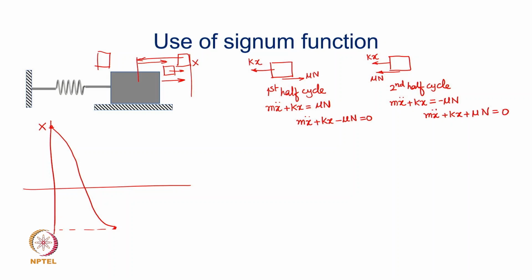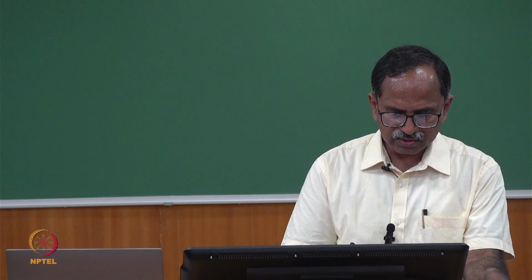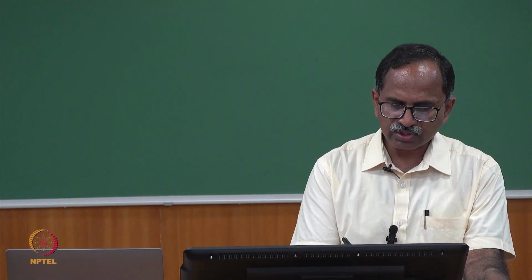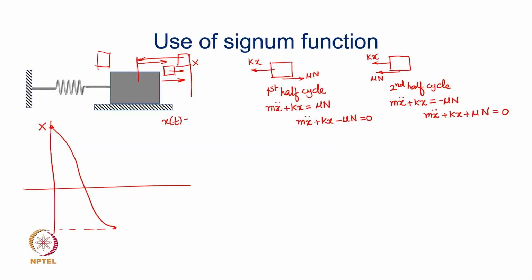Somehow, for an entire cycle, we want to get one single equation, because in the case of Coulomb or hysteretic damping, the equation of motion was not split into two half cycles. For that purpose, what I would like you to understand is that this equation is essentially giving a harmonic cycle with cosine omega n t, the displacement of the mass that happens like this, right?